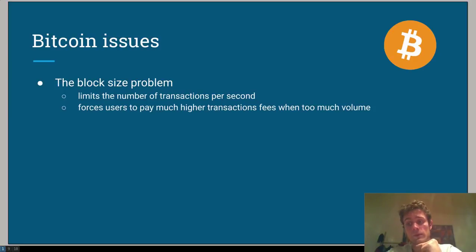So we still keep the security property by keeping the block size the way it is, but we definitely lose the fact that it's cheap and fast, since you will need to wait before someone actually includes your transaction into the blockchain, and maybe he doesn't even want to do it, since he might not be incentivized to do it.